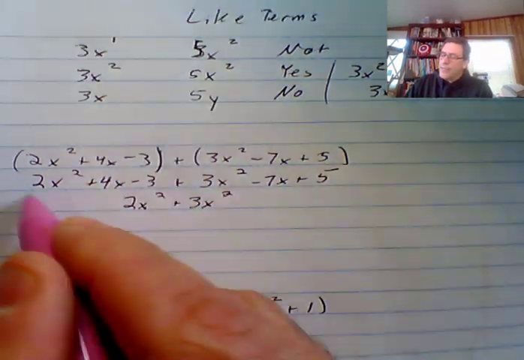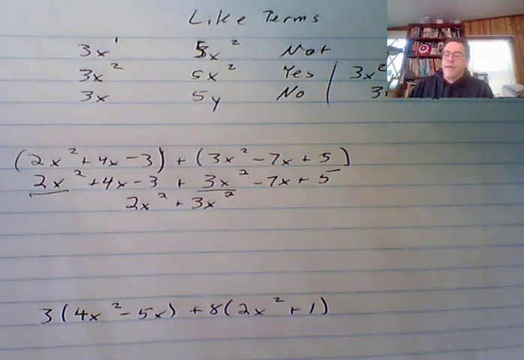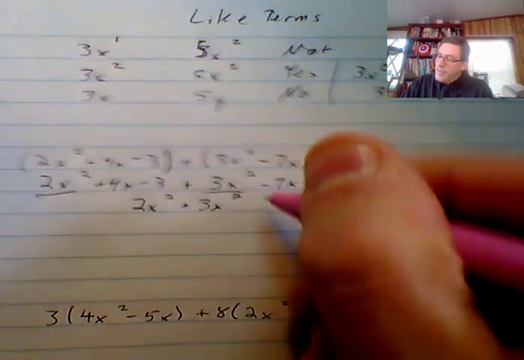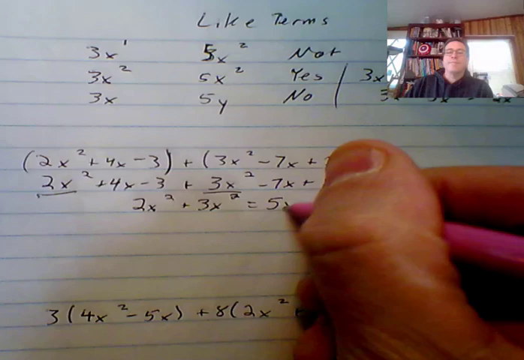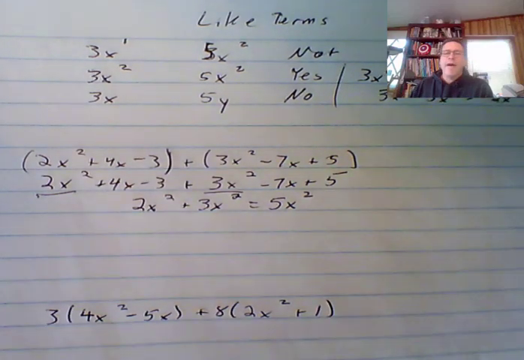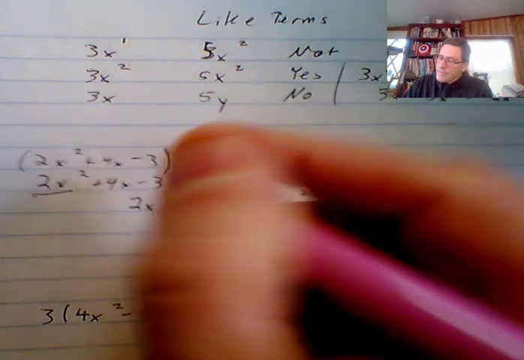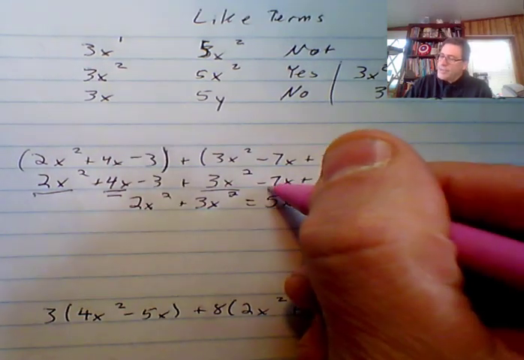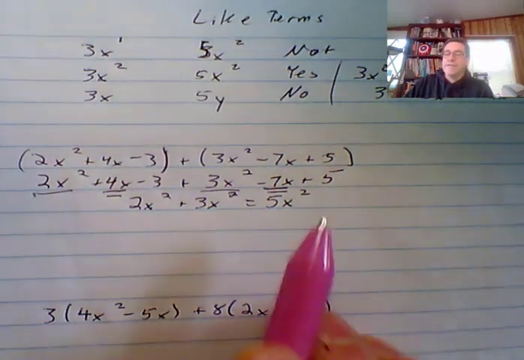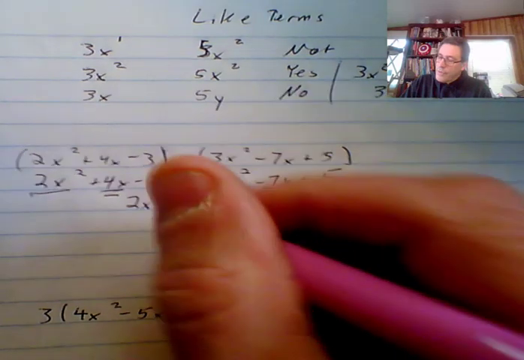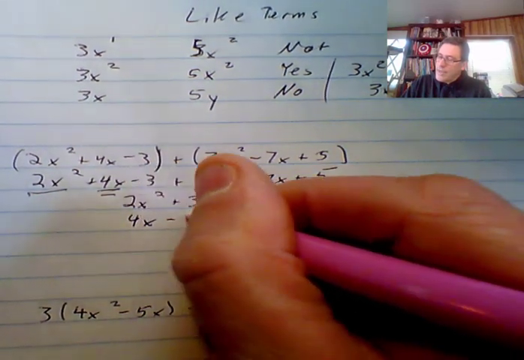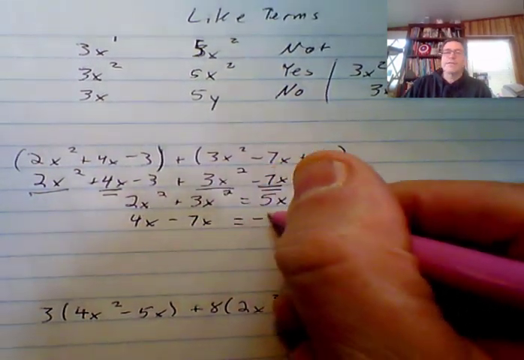So 2x squared and 3x squared are like terms. So I'll add them together and that'll give me 5x squareds. All right. I notice that there's a 4x and a minus 7x here. So that minus 7 is like a negative 7x. So those are like terms, and I will get a negative 3x.